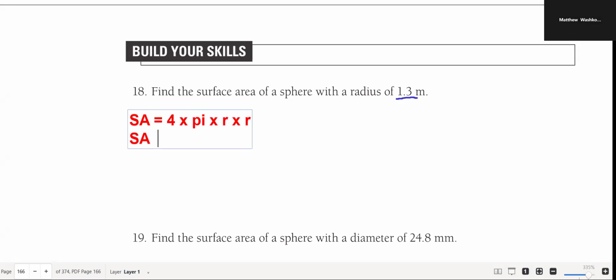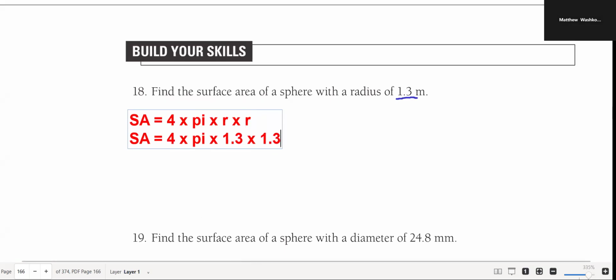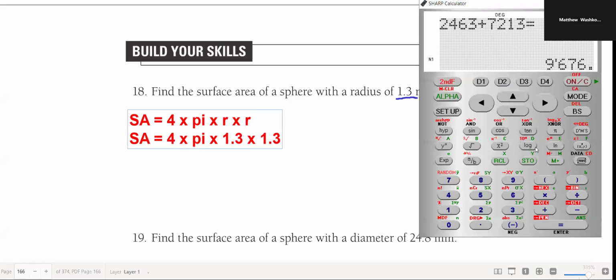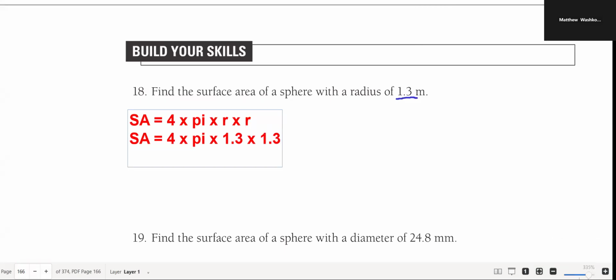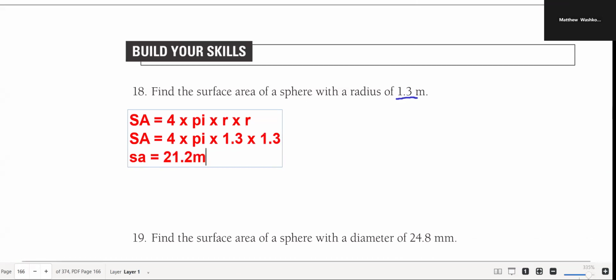So then all I got to do is substitute it. 4 times pi times 1.3 times 1.3. Let's say just 21.2. 21.2 meters squared.